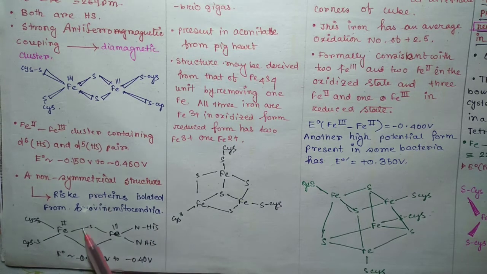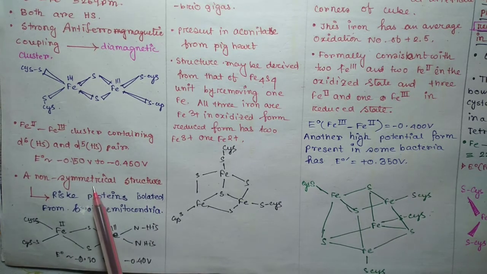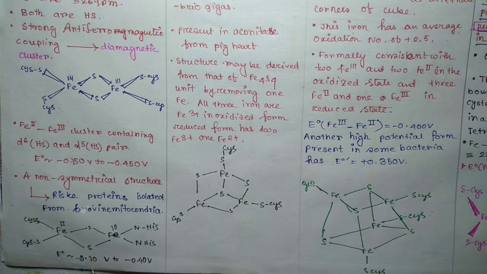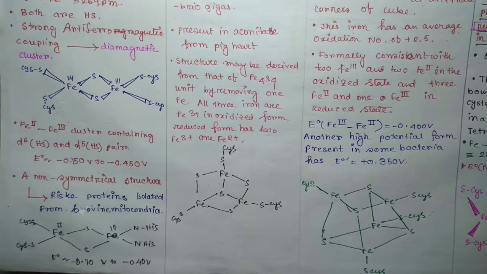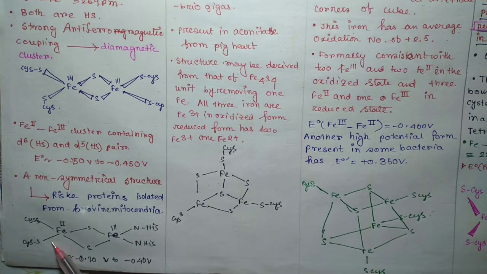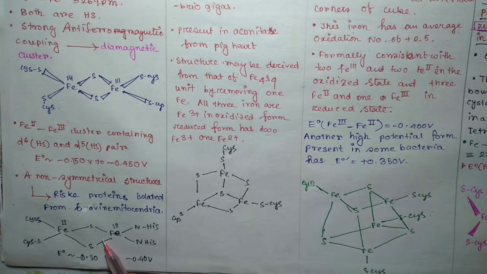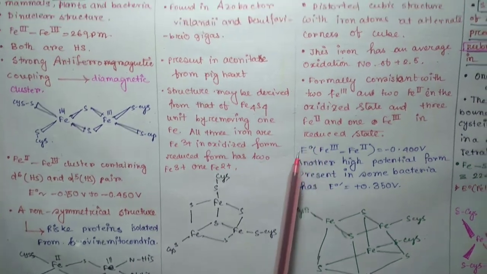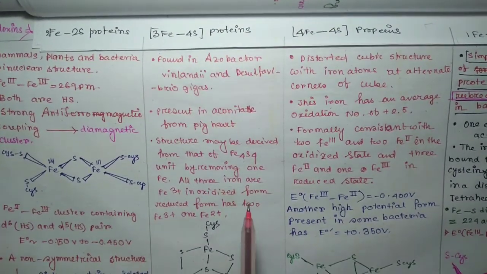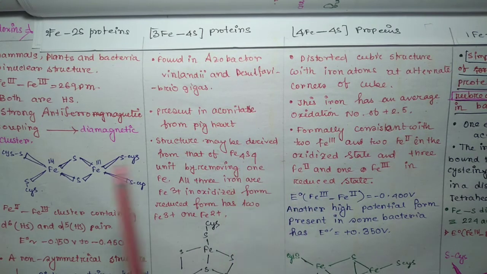So that is a non-symmetrical structure. If we cut the structure, we get a non-symmetrical structure. This is found in Rieske proteins, isolated from bovine mitochondria.